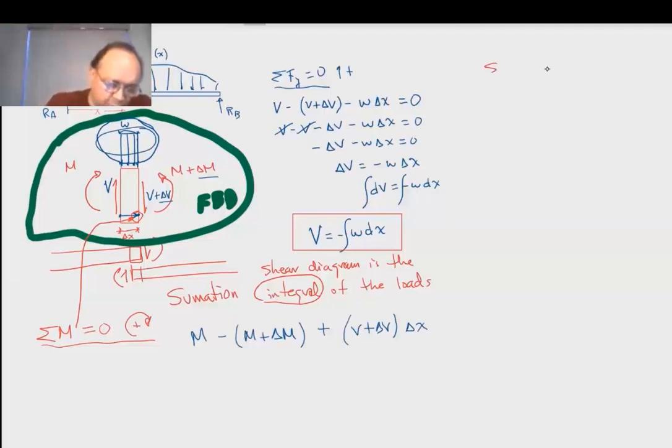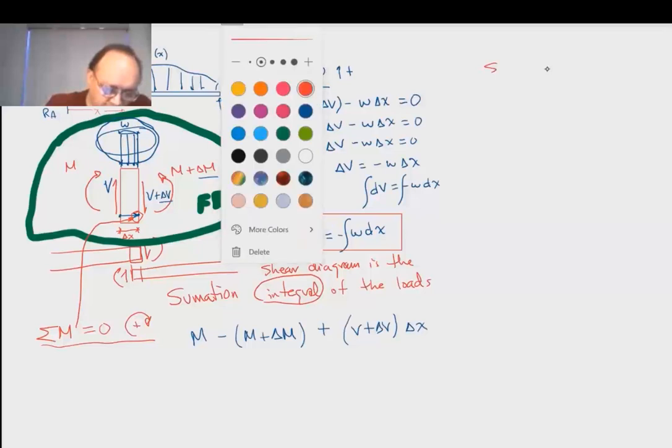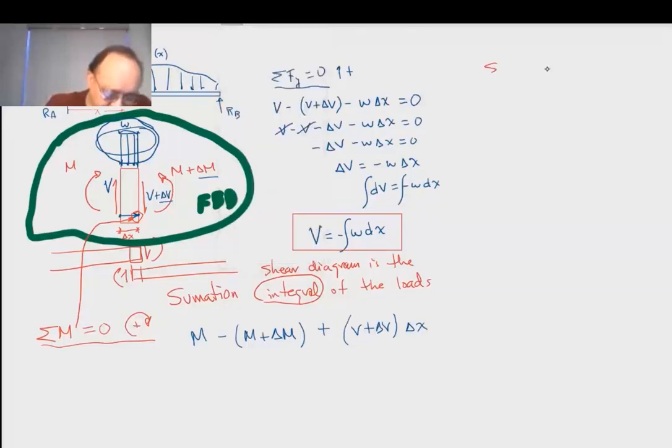Now the moment produced by the load, that will be a concentrated load right here in the middle, right? The magnitude of that load will be W delta X, minus W delta X. And the lever arm is half of the length of the element, so that will be delta X over 2.